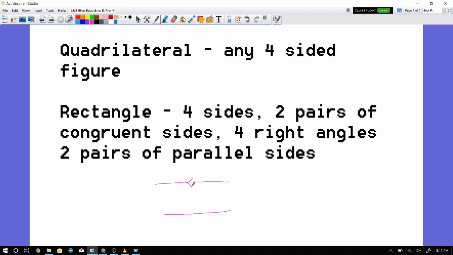That's going to be notated with a little arrow saying that these are parallel. They will never touch. And then to close off the rectangle, you'd have 2 more symbols with arrows saying that these 2 sides are parallel and they will never touch. The symbols that we were using to say that they were congruent were dashes. And the symbols that we used to say that there were 4 right angles were little boxes in the corners.